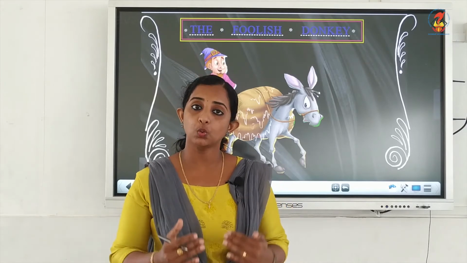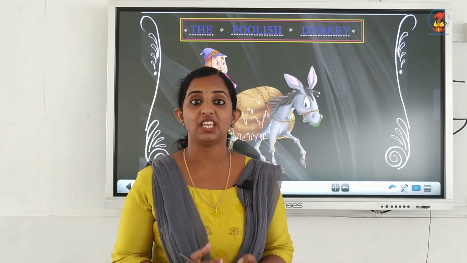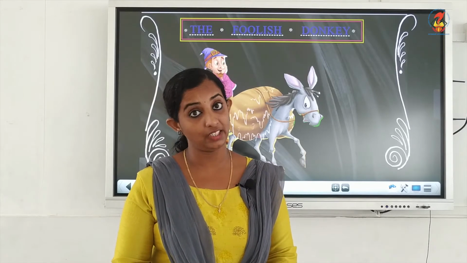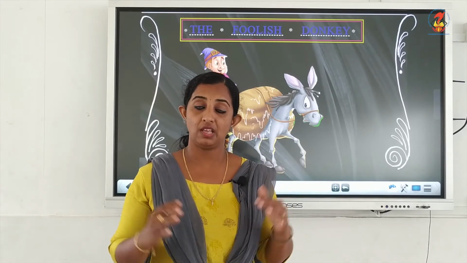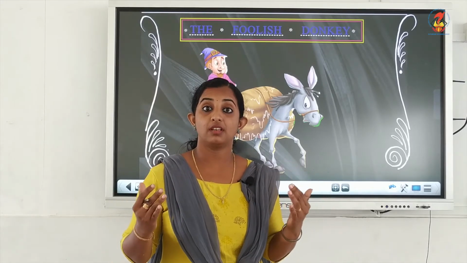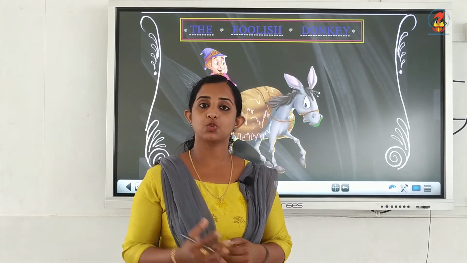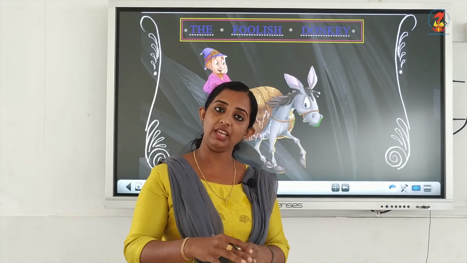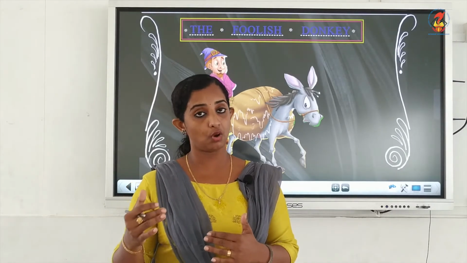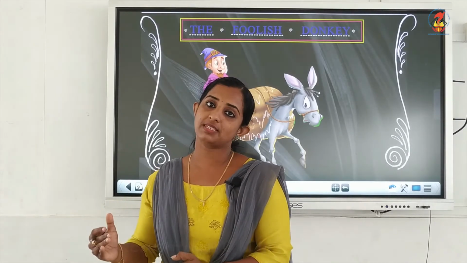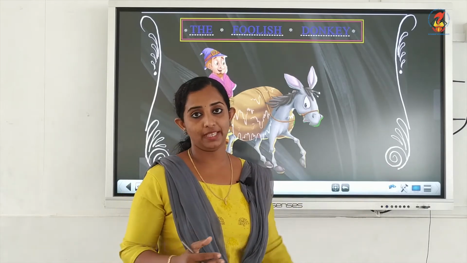He used his donkey for his assistance. And what does he do with the donkey? He used to load sacks with salt, put them on the donkey, and use his donkey to carry this heavy load of salt from his place to the market.